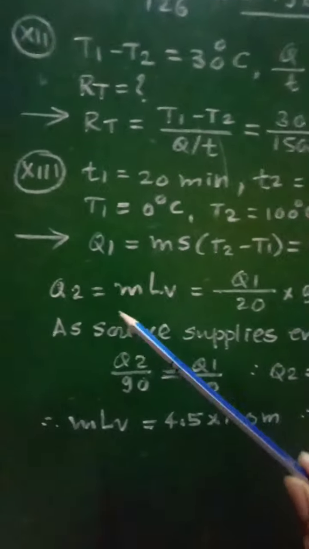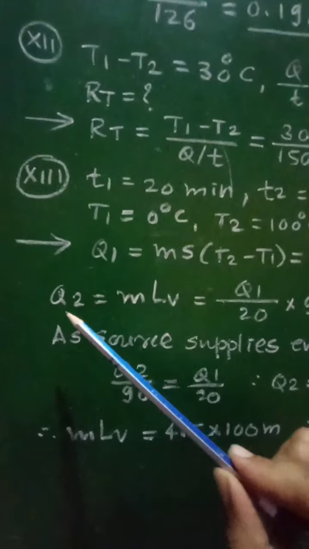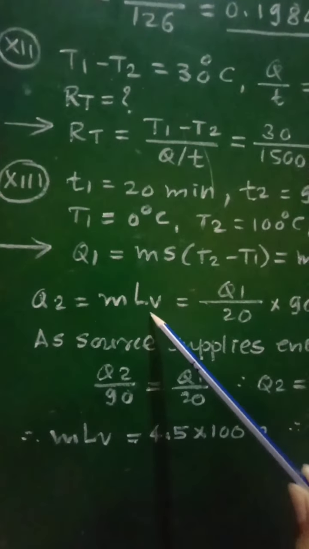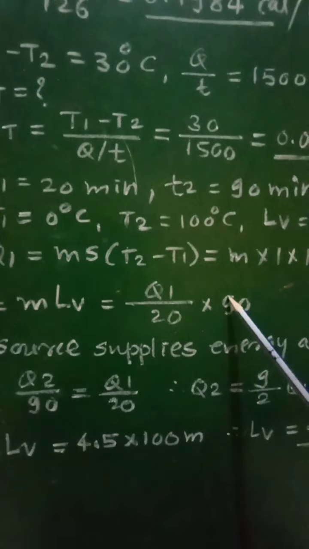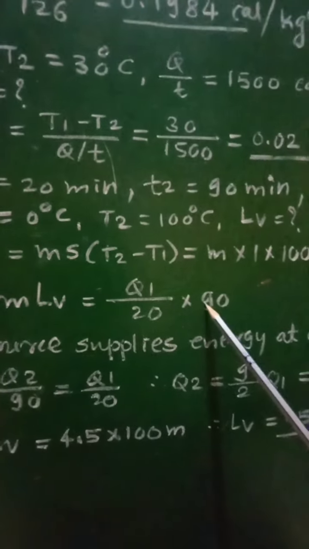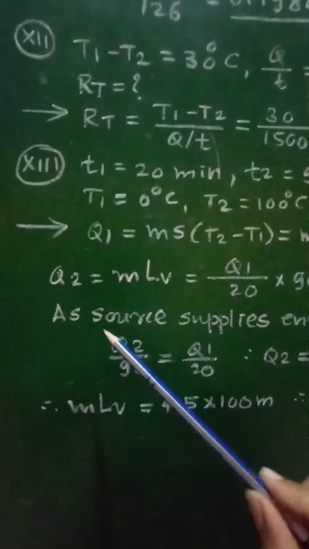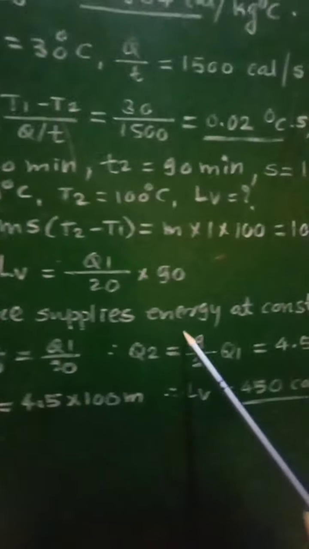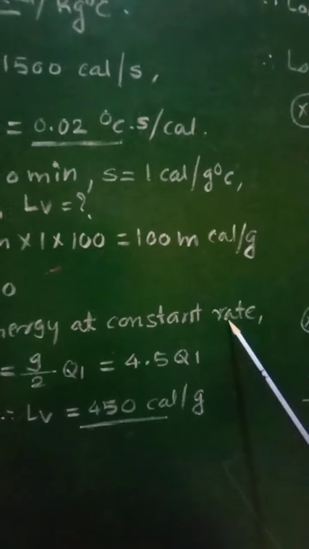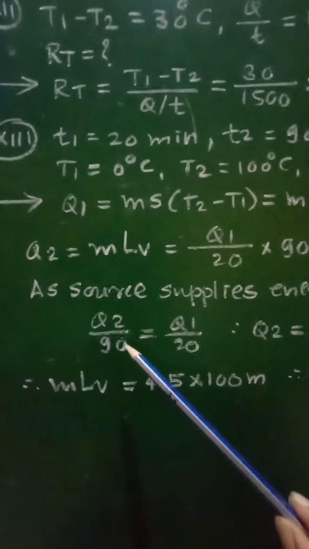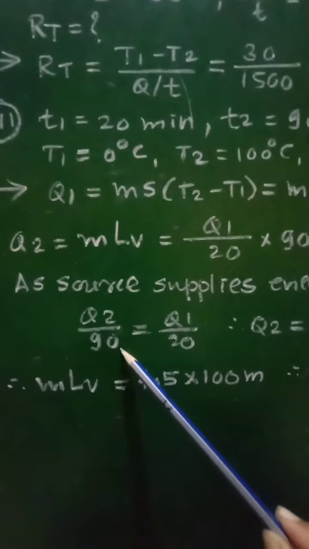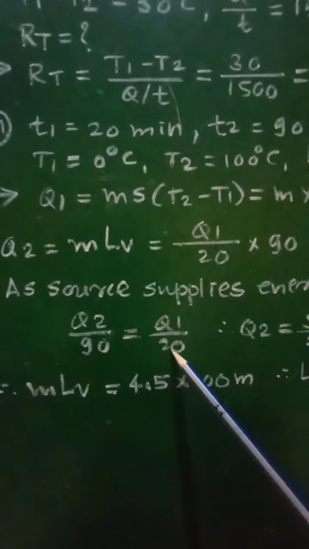Now Q2 will be equal to m into LV, which will be written as Q1 upon 20 into 90. Now, as the source supplies energy at constant rate, therefore we can write Q2 by 90 must be equal to Q1 by 20.